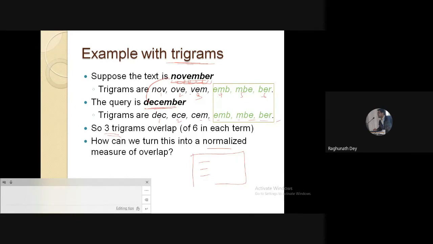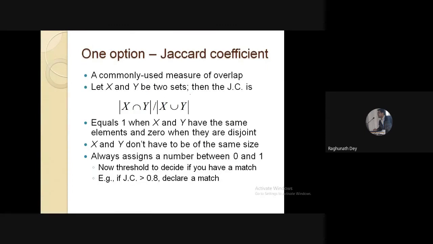In that case, one basic idea that is called the Jaccard coefficient is used. It is a very well-known application to find the similarity or overlap between two strings. What it says: x and y, where x is the set of n-grams.